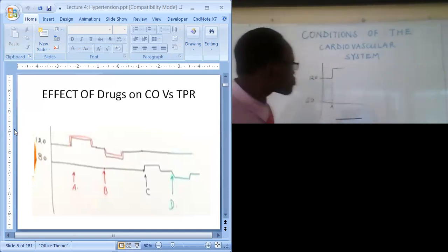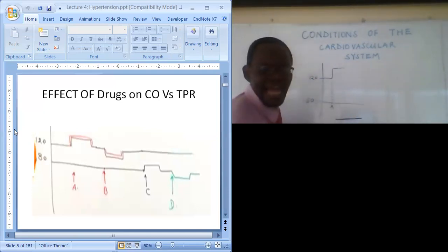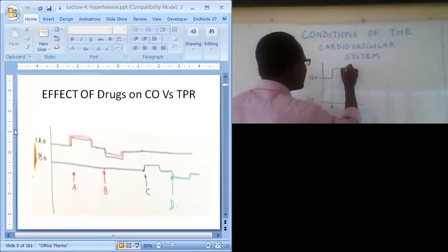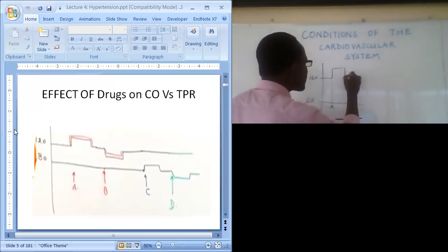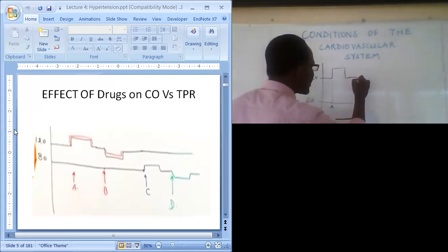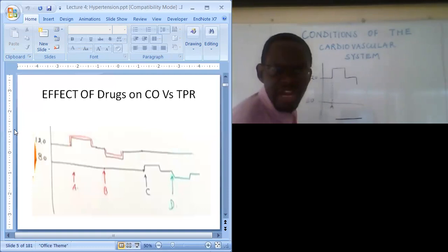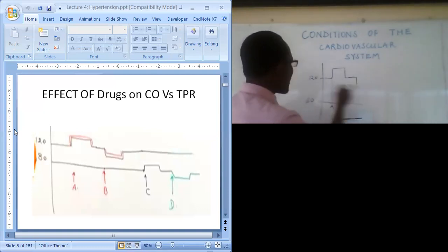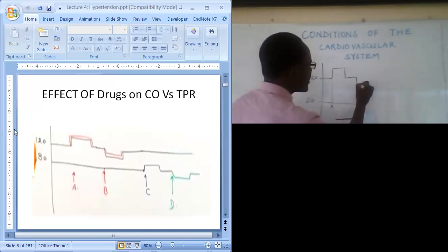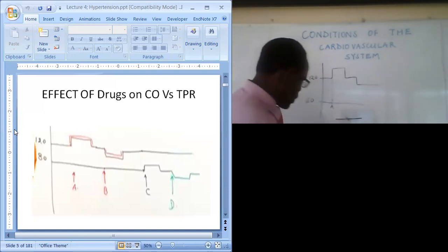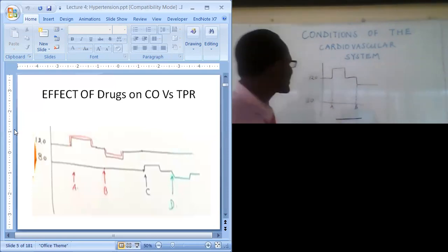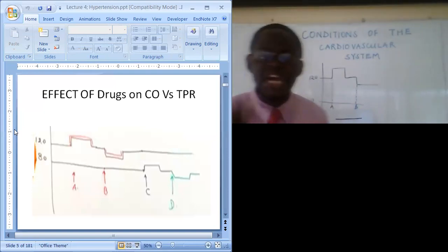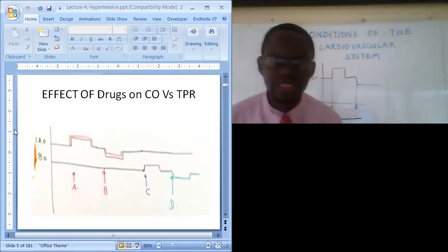Now, if I give another example, a drug B, and it reduces the systolic blood pressure, this drug B basically means that it has decreased the cardiac output.